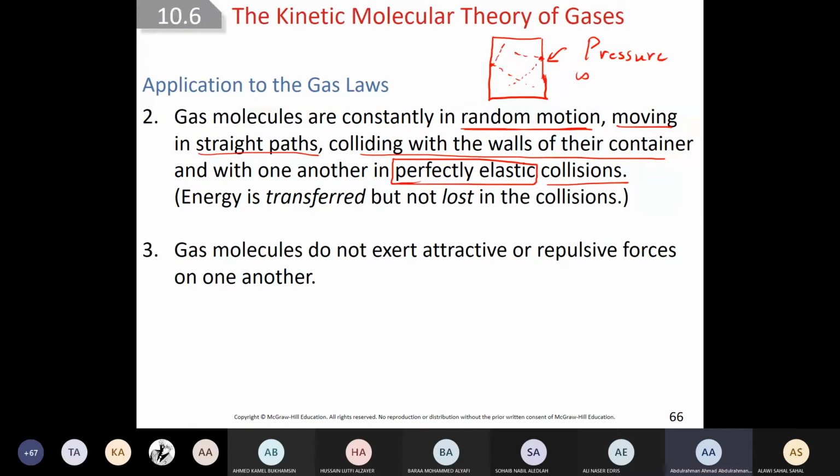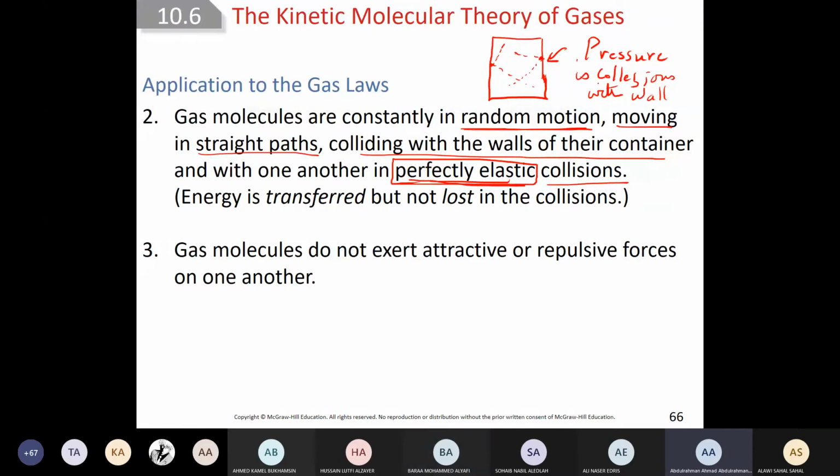Pressure is the collision with the wall. And this collision is perfectly elastic. What's the meaning of elastic? مرن. What's the meaning scientifically of مرن? It doesn't lose energy.